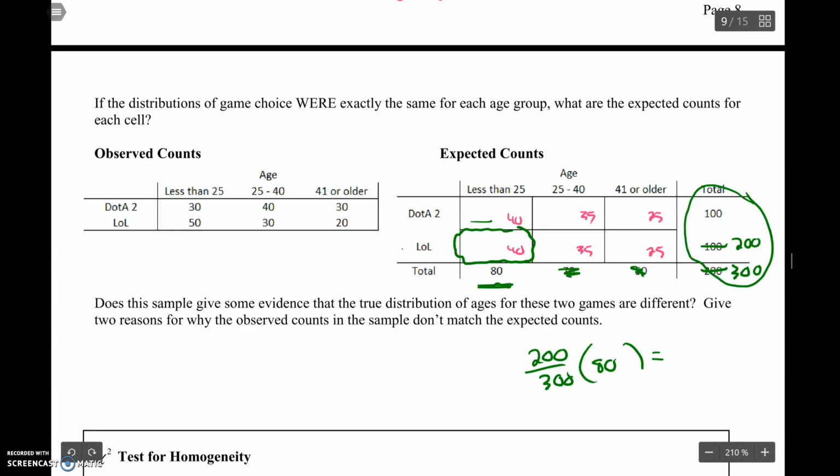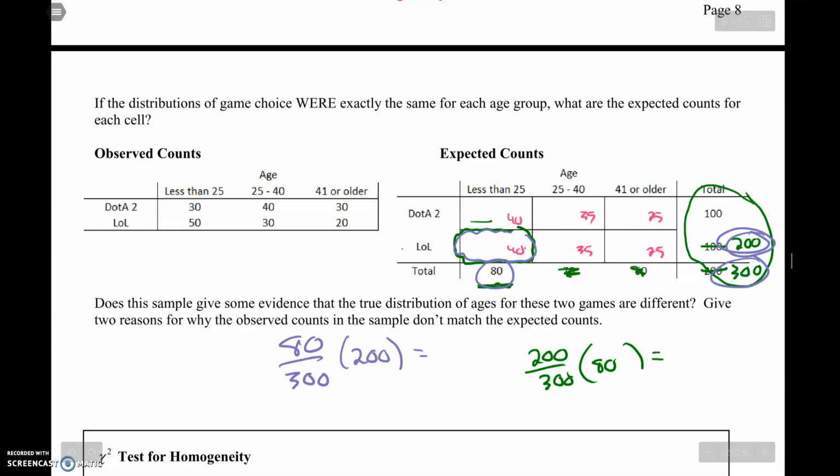You could say, well, 80 out of 300 people are young. That's the ratio of young people to everybody. Well, these 200 League of Legends players have to have that same ratio. So if you just take this percentage times 200, you'd get the expected counts.